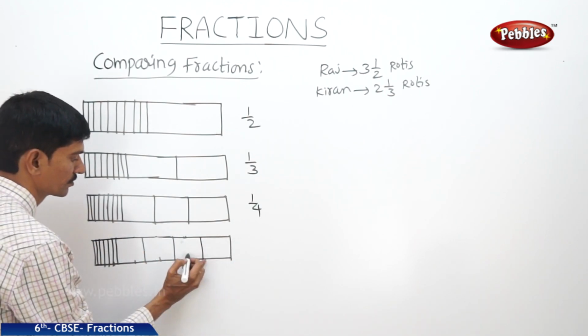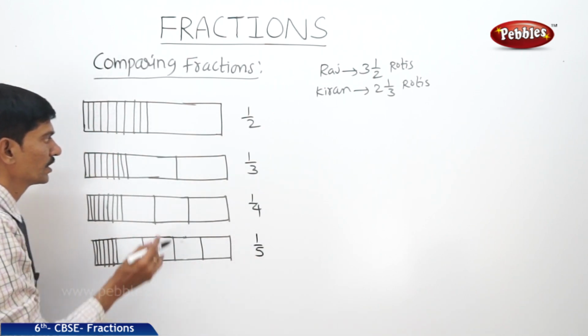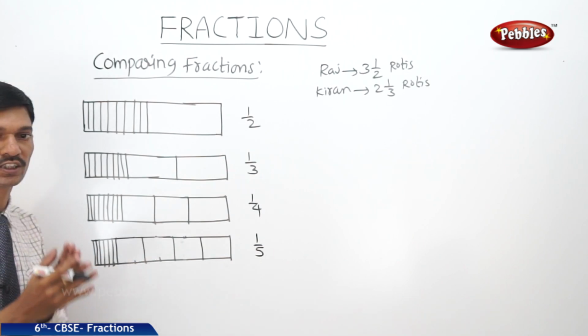Now this is 1 by 5. So when the rectangle is divided into more equal parts, then the size of each part will be reduced.